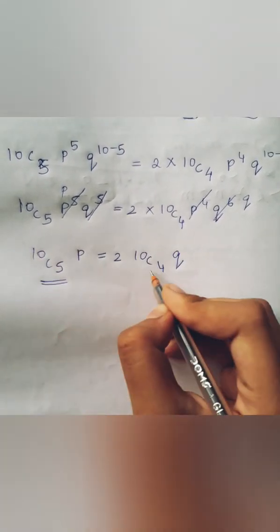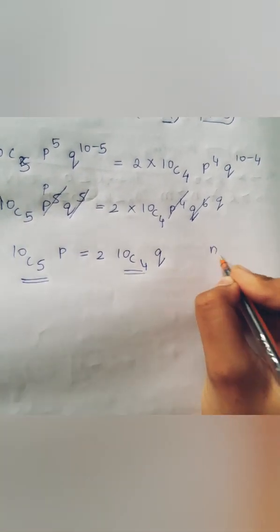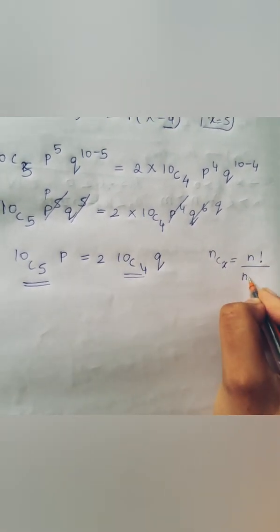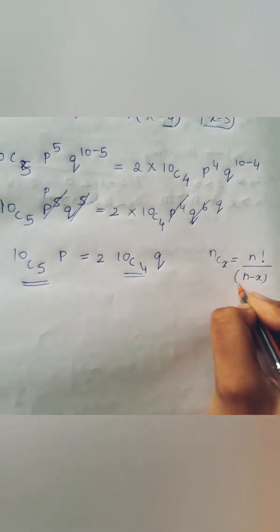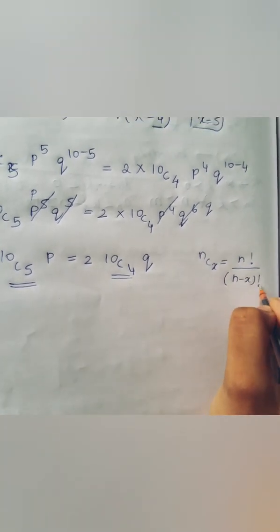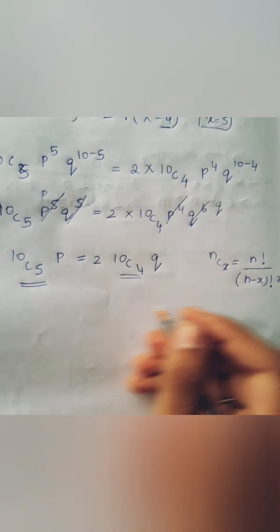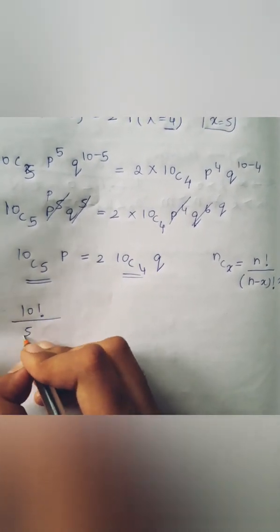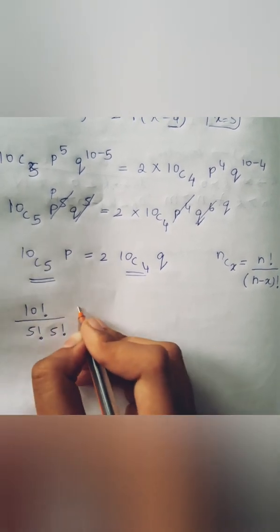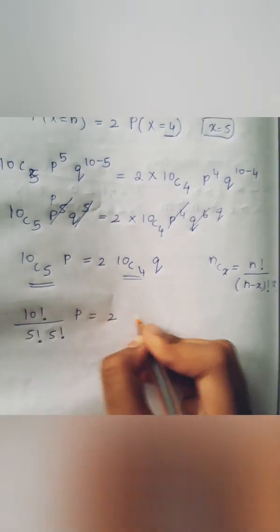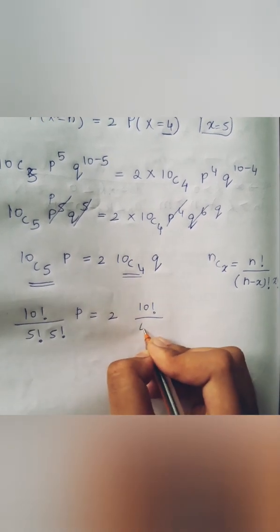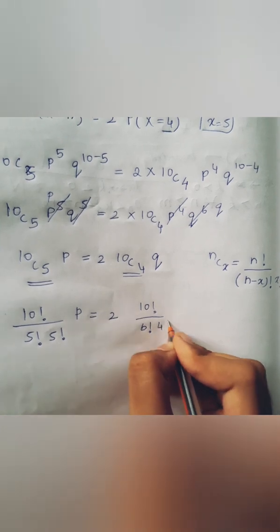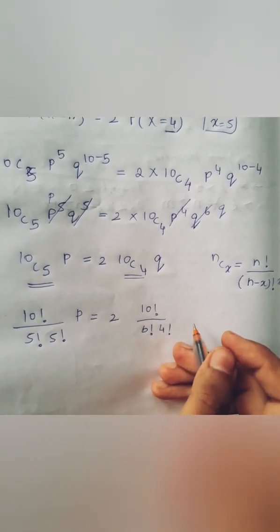In the next step we apply the formula for nCx, that is n factorial divided by n minus x factorial into x factorial. So we apply 10 factorial divided by 10 minus 5 factorial, which is 5 factorial, and then 5 factorial into p, equal to 2 into 10 factorial divided by 6 factorial into 4 factorial into q.